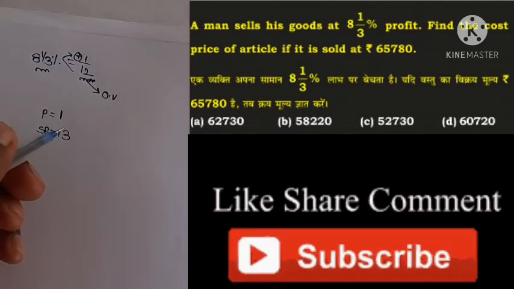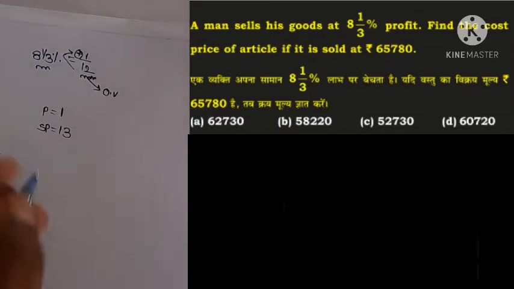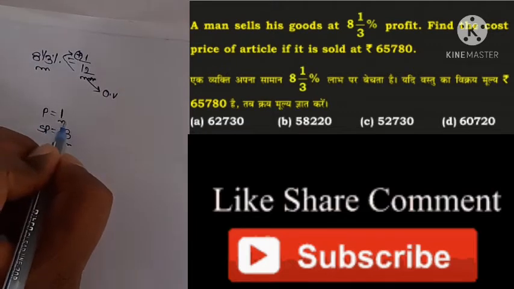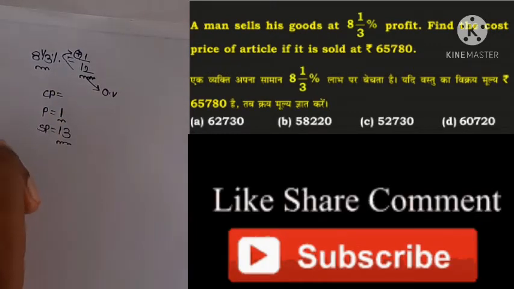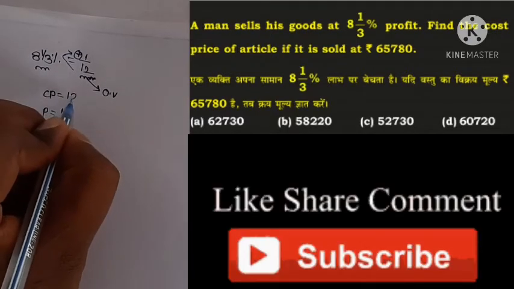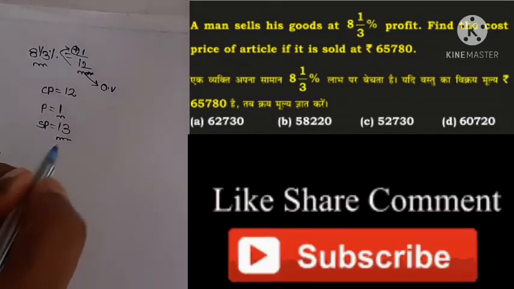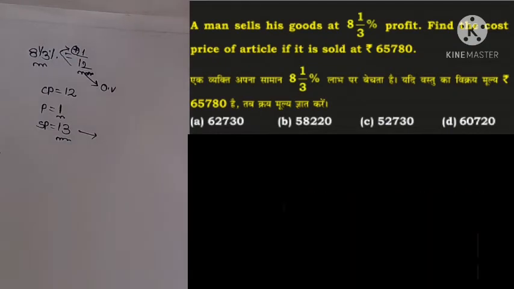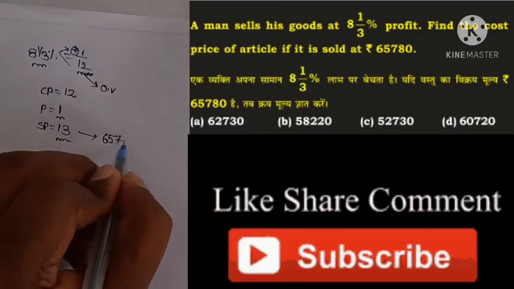So what is the cost price? If the selling price is 13, profit is 1. So cost price is equal to selling price minus profit. So value is 12 units. So here 13 units represent 65,780.